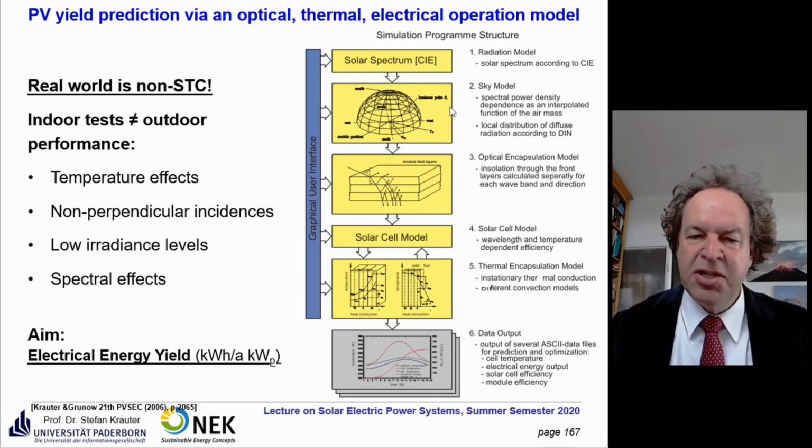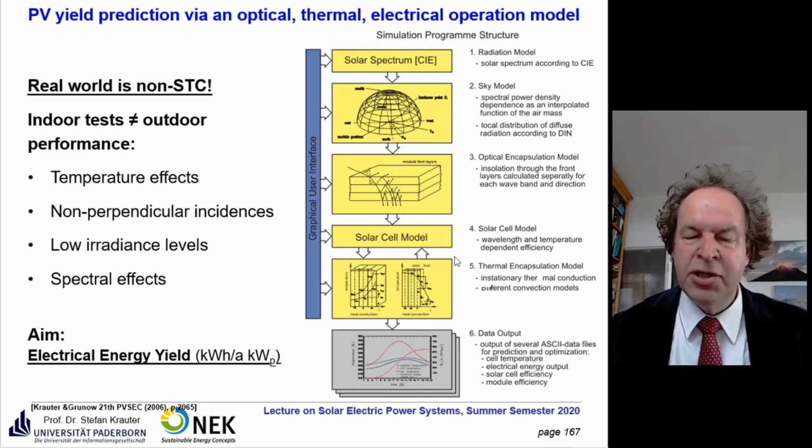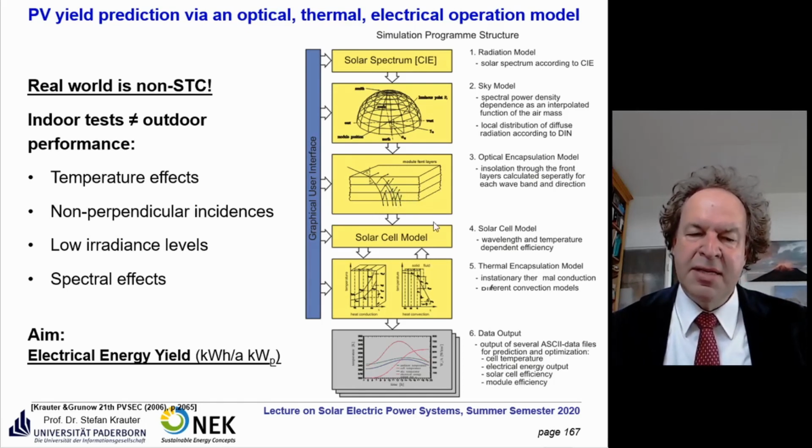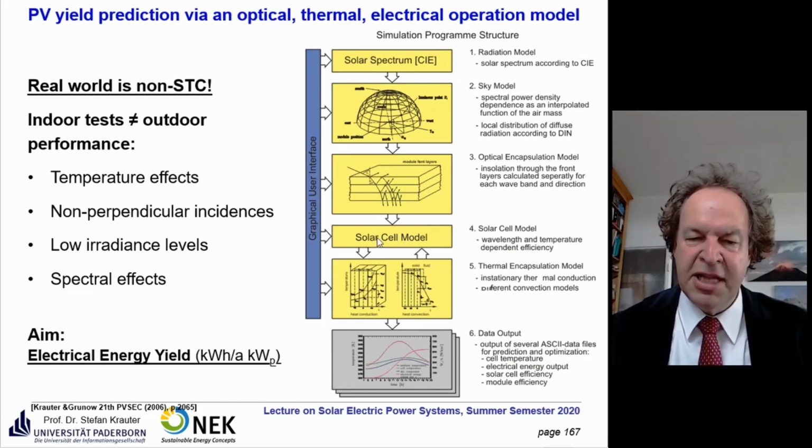Well, part of my PhD thesis was to put all of that into a computer program. So I made a quite extensive radiation model with the spectrum at the different parts of the day, the adequate incoming radiation, the incidence angles on the module, then the reflection on the module, not only on the surface, but also in the different layers, considering also re-reflection within the layers, and interference. At the very end, I calculated the cell-reaching energy flow and the part that could be converted, depending on the actual condition of the solar cell, that means temperature and so on.